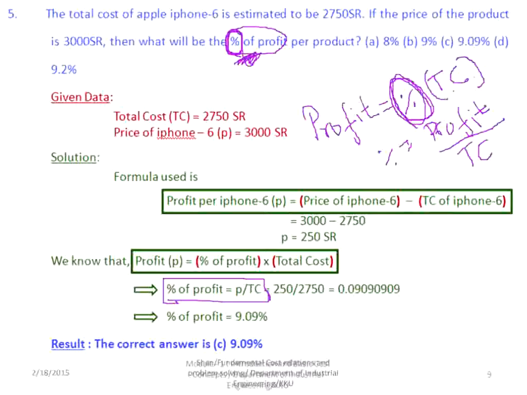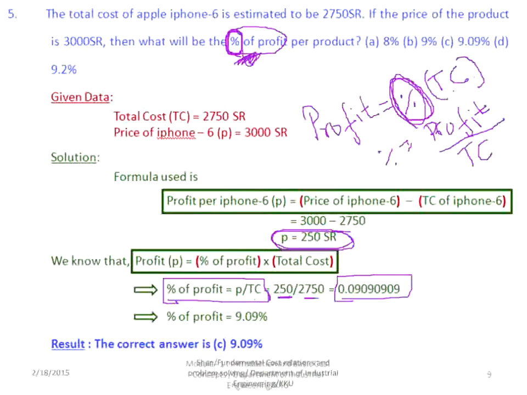Do you understand me? So now we know profit. We have already found profit is 250 Saudi Riyal. So 250 Saudi Riyal I write here, divided by total cost, which is given here, 2,750. You just divide these two, you will get this answer.